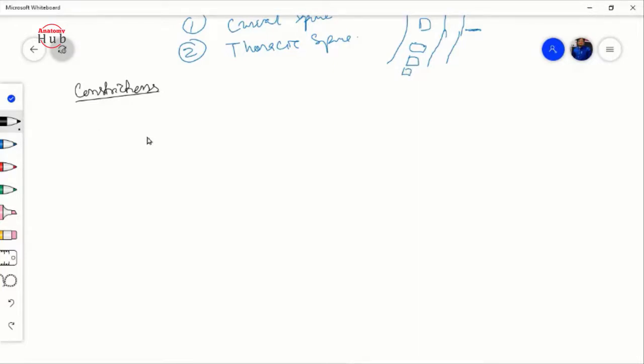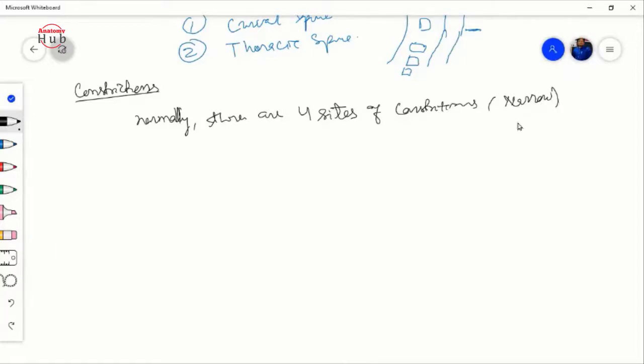Then we will see the constrictions. Okay. So normally there are 4 types of constrictions. Don't look at the spelling. Constriction means what? It is a narrow part in the esophagus. Right.